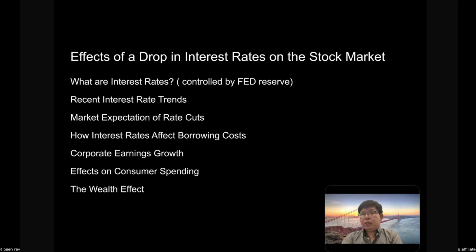Recent interest rate trends, market expectations of the interest rate cuts, which happened yesterday. Yesterday it was already cut by 25 points, 0.25%. Then how interest rates affect borrowing costs, corporate earnings growth due to interest rates, which corporates it will affect, and effects on consumer spending, wealth effect.